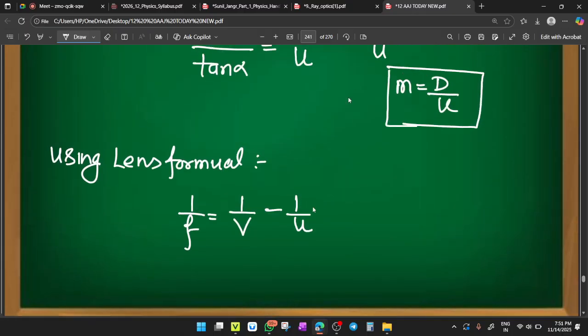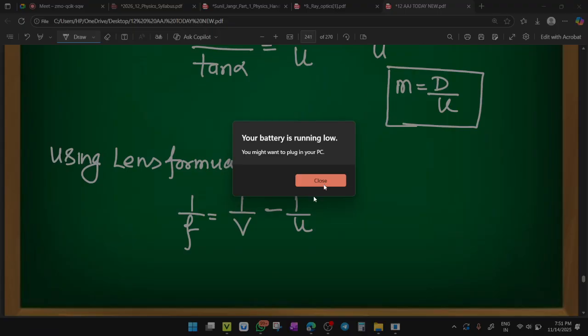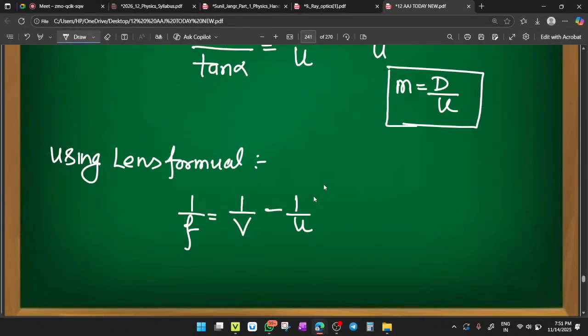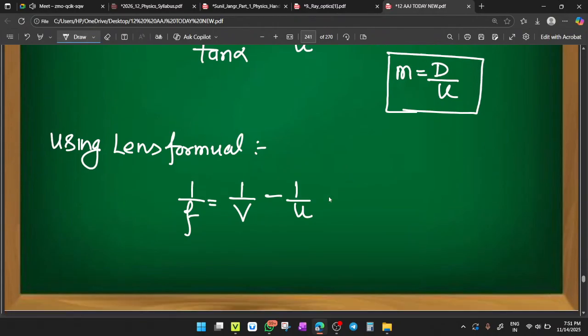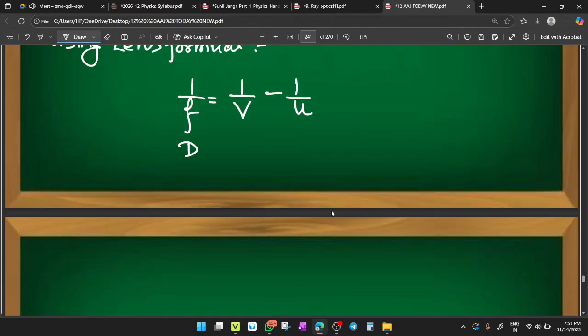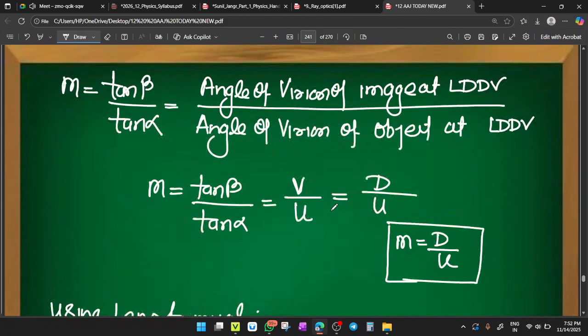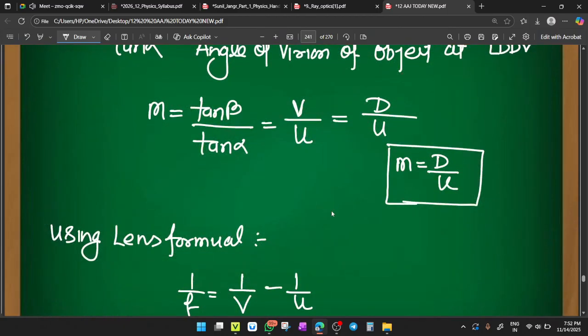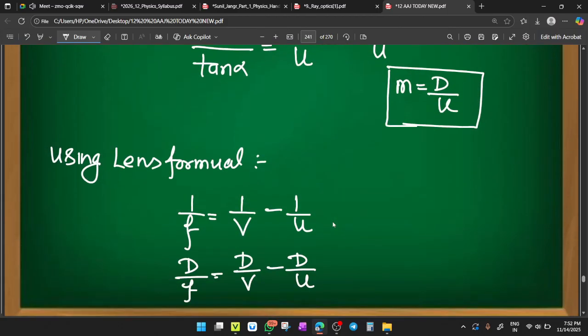Throughout, multiply D on both sides. So if we multiply D on both sides, we have D upon F equals D upon V minus D upon U. Clear?